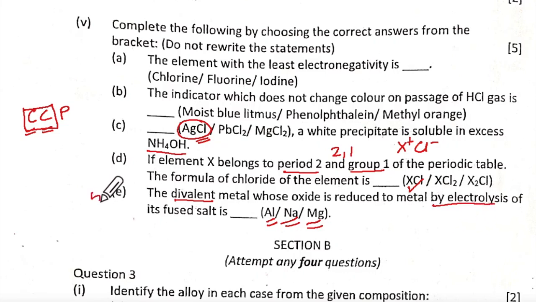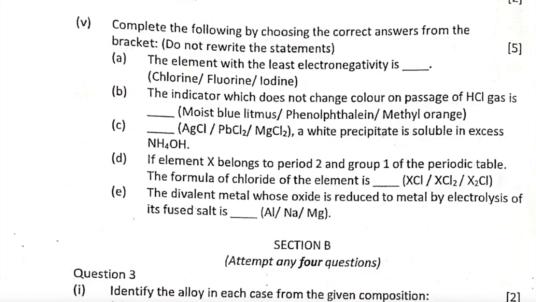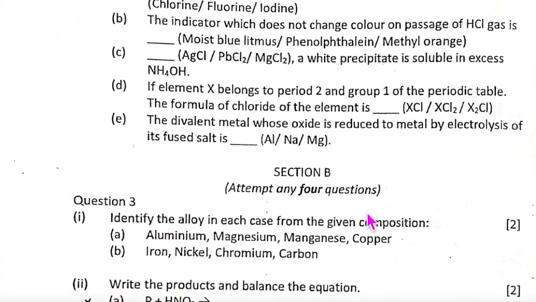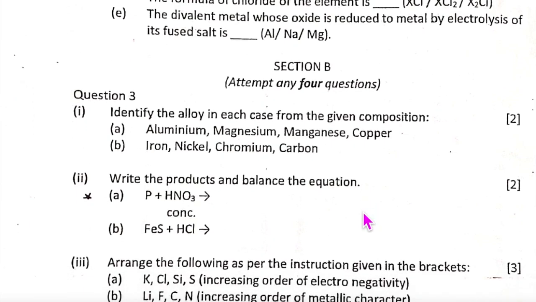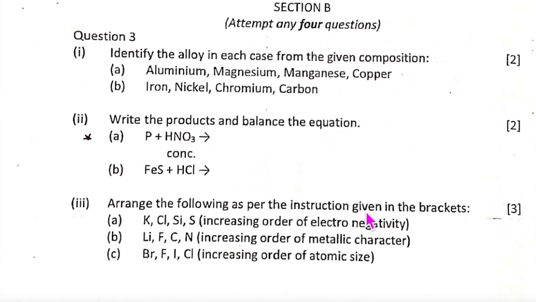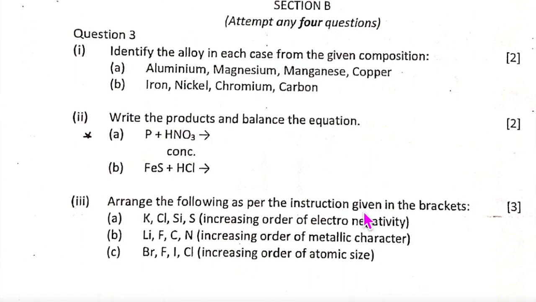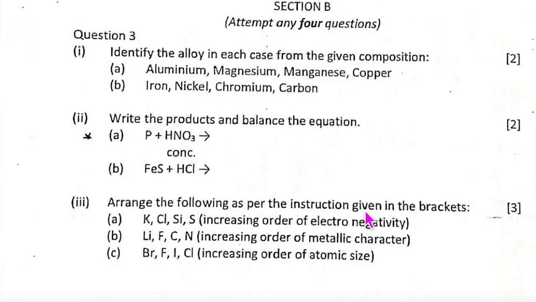Okay, so how many marks have we got out of 5? Shall I continue or stop section B for later? Okay, so we stop with your section A. Count your marks.